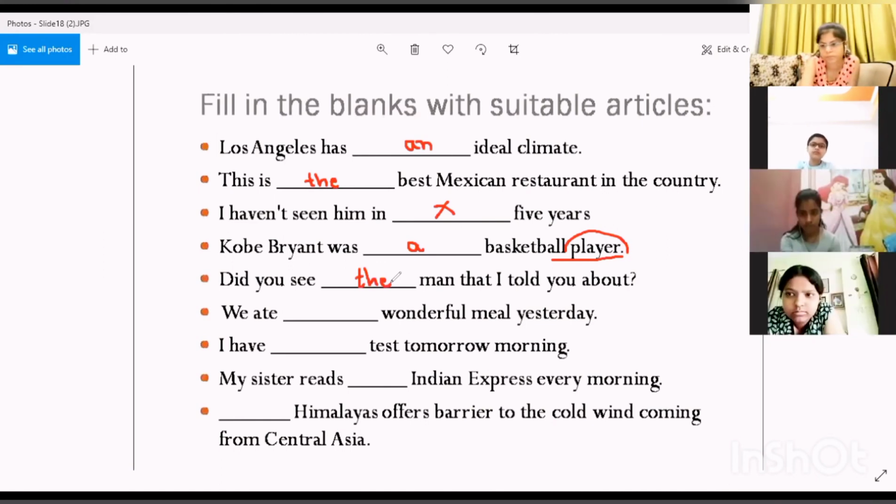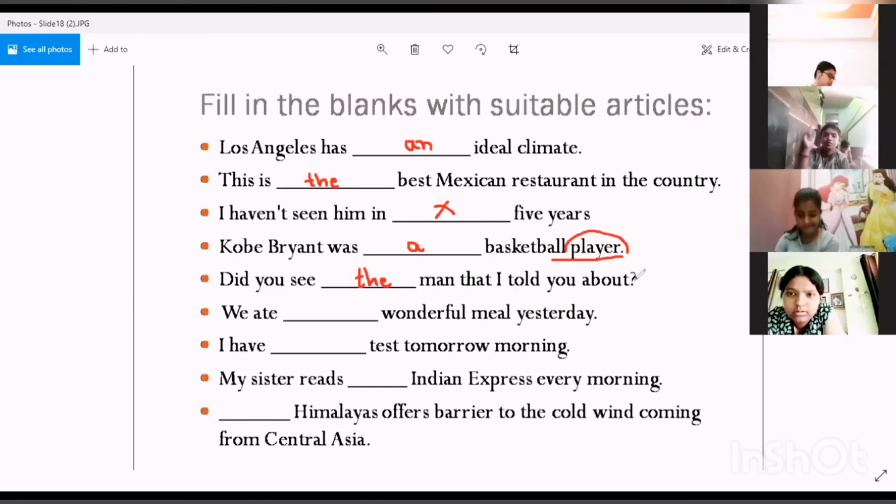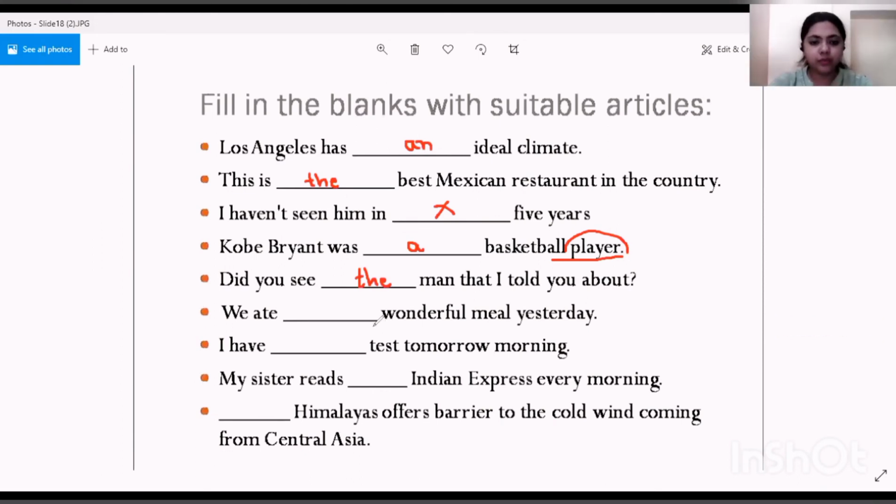Okay, no guesswork. We ate dash wonderful meal yesterday. Let me see. Rajendra. Good morning, ma'am. Ma'am, the answer of this question is a. We ate a wonderful meal yesterday.